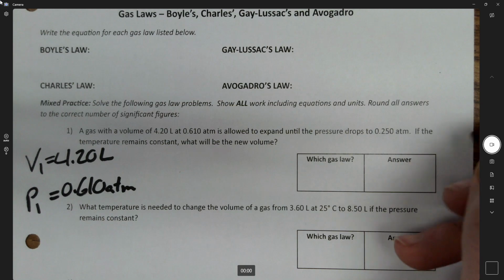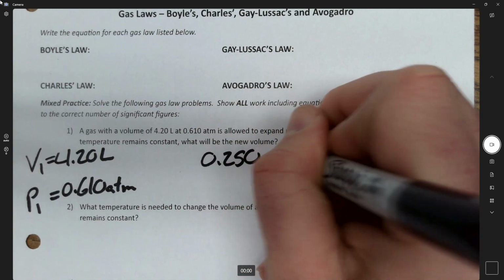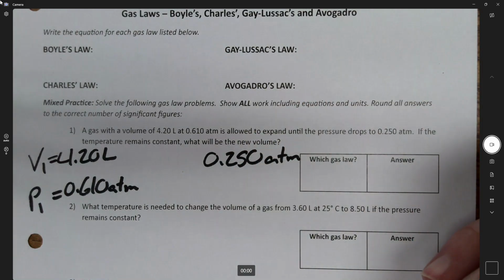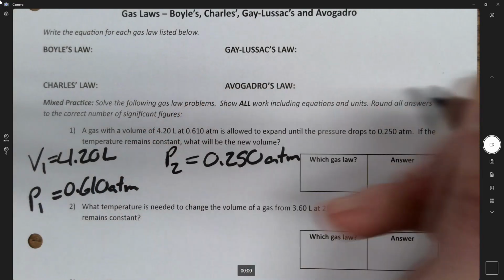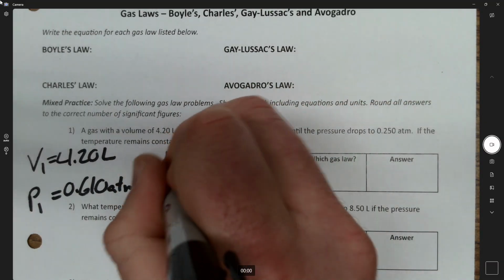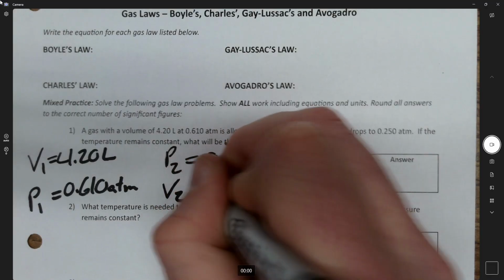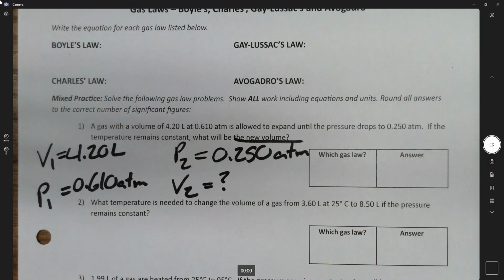My next variable, 0.250 atm. Is that pressure or volume? Pressure. I need to solve for volume. V2 is currently unknown to me. I want to see the variables written down.